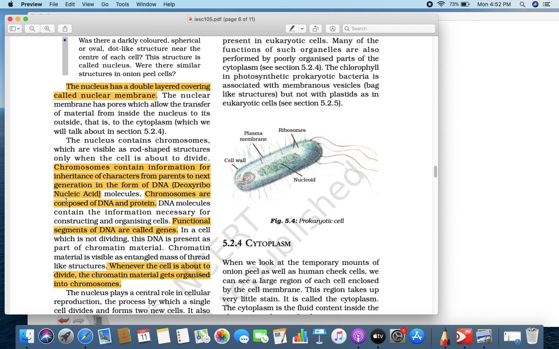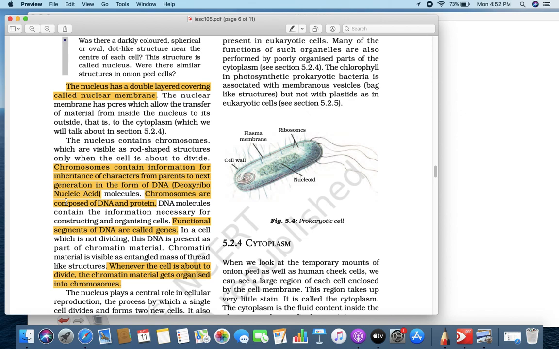And inside the chromosome, there is inheritance of characteristics in the form of DNA, deoxyribonucleic acid. DNA has a helix structure that carries inheritance information from a parent to the next generation.